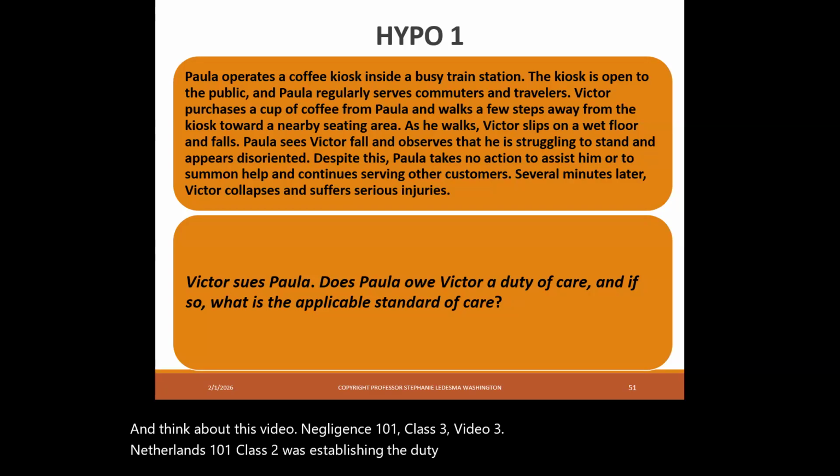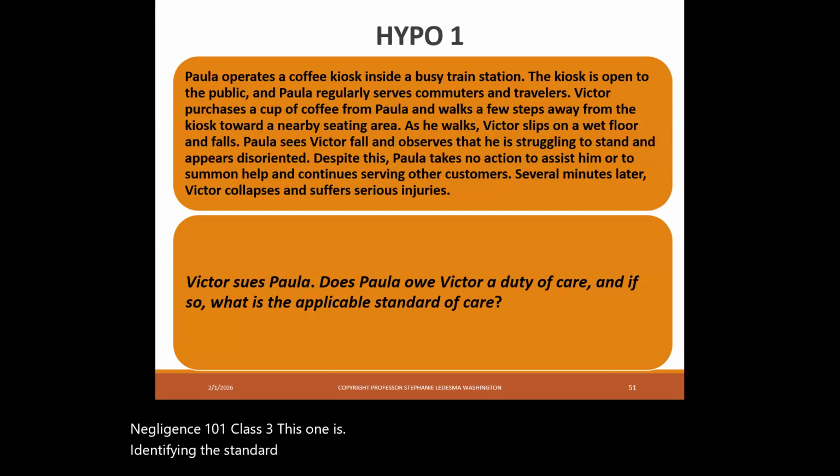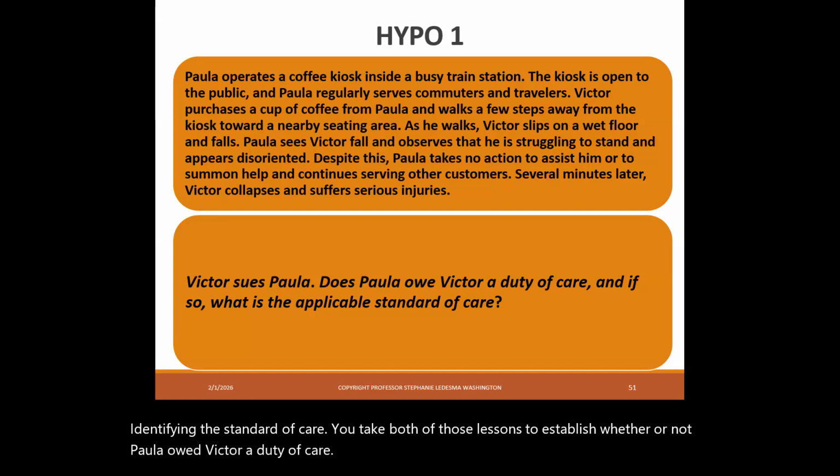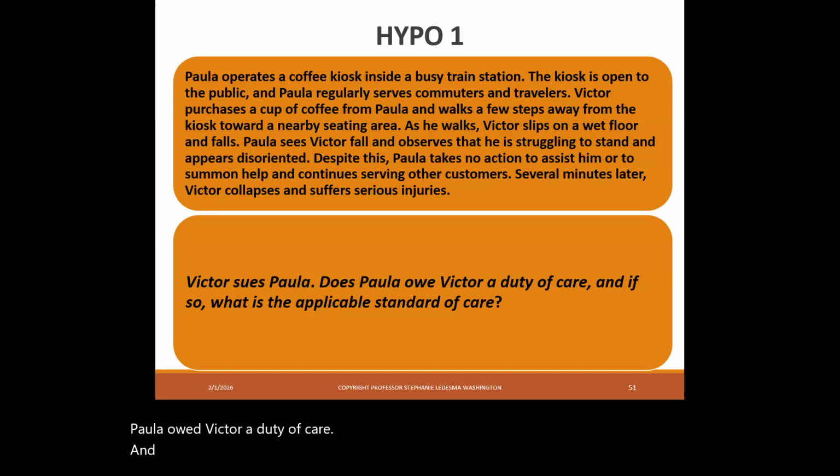Negligence 101, Class 3, this one, is identifying the standard of care. You take both of those lessons to establish whether or not Paula owed Victor a duty of care, and if so, name that duty. It's been fun.